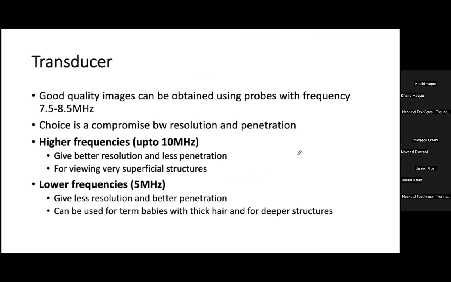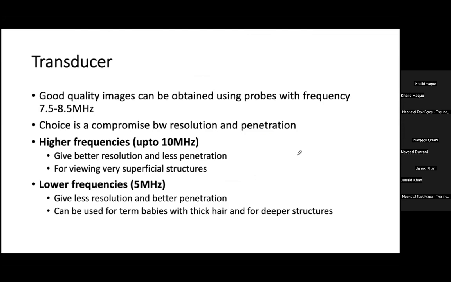Very important about the transducer. In order to get a good image quality, we have to use an appropriate size probe with a frequency ranging between 7.5 to 8.5. And you have to compromise between the resolution and the penetration. If you want to use a high frequency probe up to 10 megahertz, this will give you better resolution but less penetration.